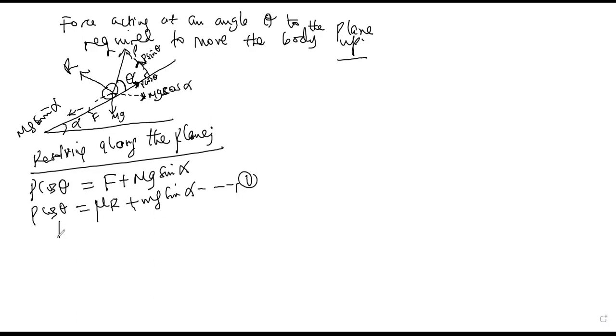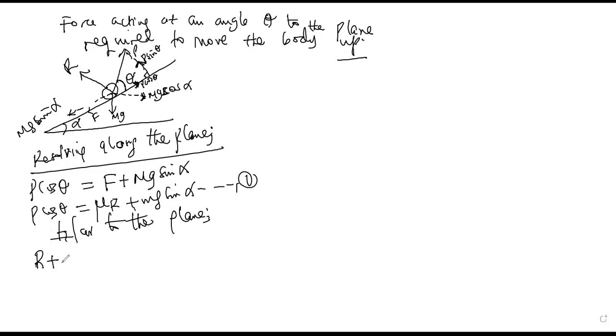Then perpendicular to the plane. Perpendicular to the plane, R plus P sin theta equaling to mg cos, I beg your pardon, alpha.